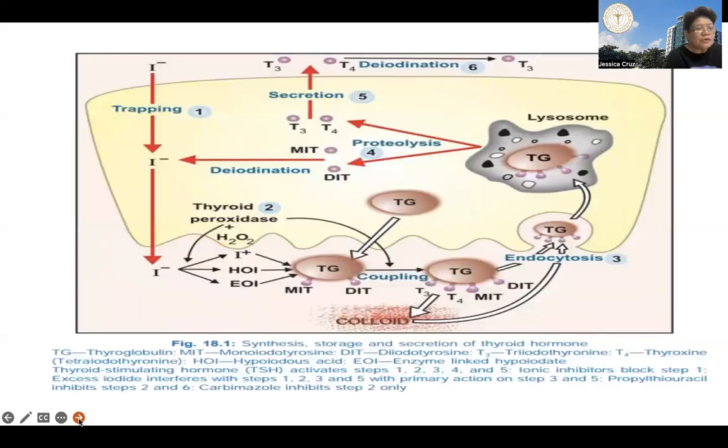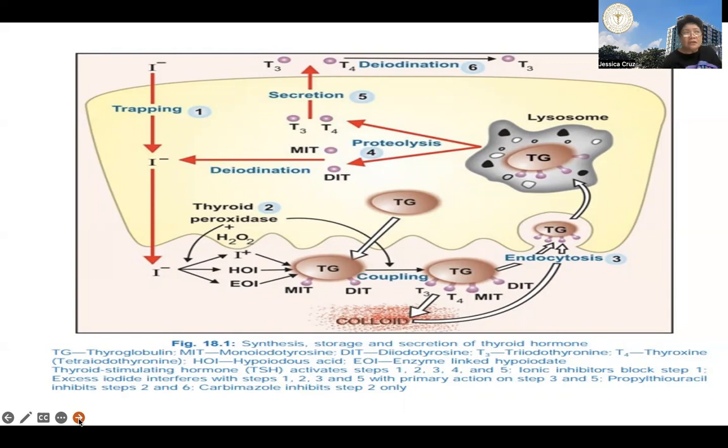Okay, once taken up by the thyroid gland, the iodide undergoes several transformations as it gets incorporated into the synthesis of the thyroid hormones. First of all, iodide is transported into the thyroid gland by an intrinsic follicle cell basement membrane protein, which we call the sodium iodide transporter.